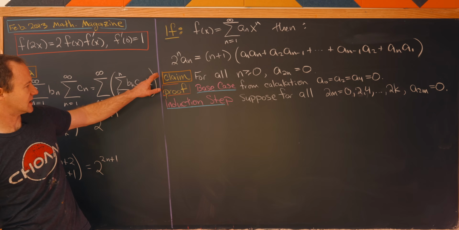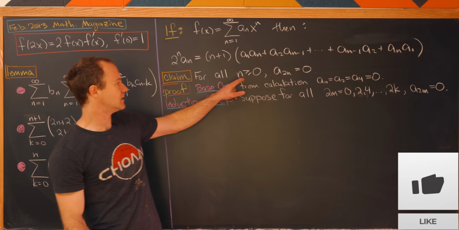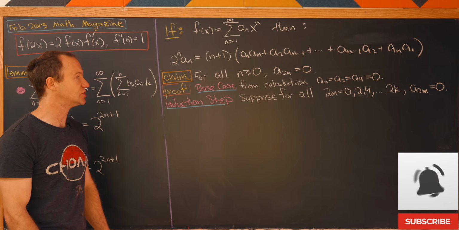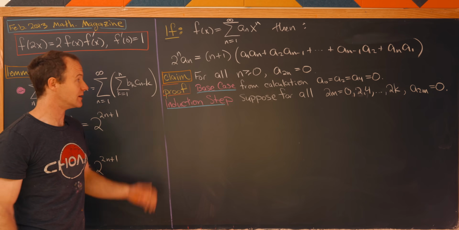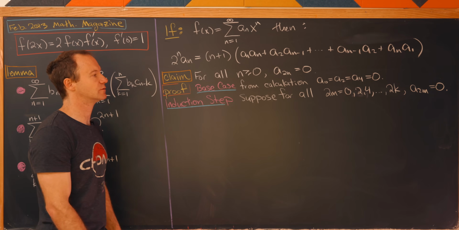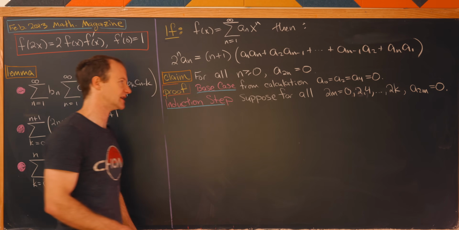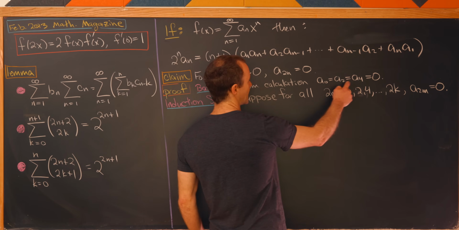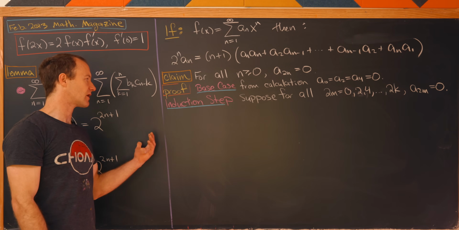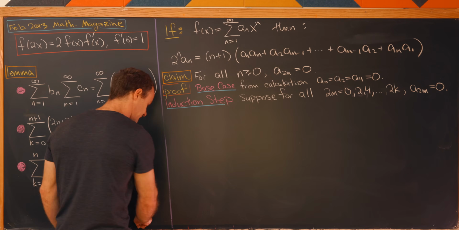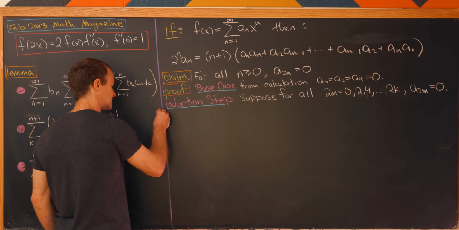Okay, so now let's get the closed form for those coefficients using induction, starting with the even indexed terms. So I've written that as a claim. For all n bigger than or equal to 0, A2n is equal to 0. Our base case is done because we've already done the calculation. We actually have done more than we need for the base case. We know that A0, A2, and A4 are all 0. Now let's do our induction step, starting with the induction hypothesis.